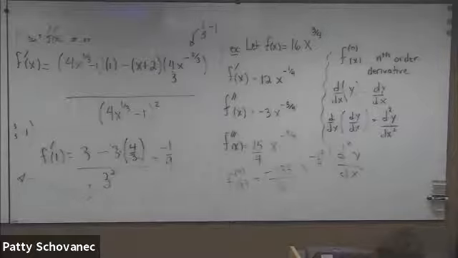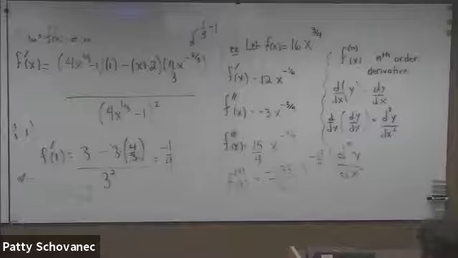So that's what you do in Cal 3. Same old stuff that you did in Cal 1, you just throw more variables in there.